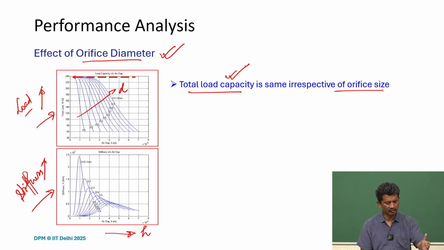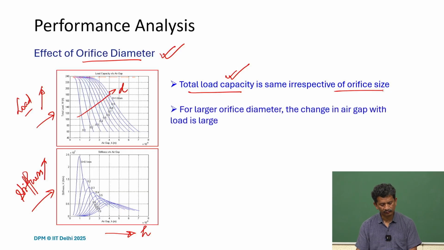That's why we see it all converging to the same point, and we can always check. If we consider a constant pressure equal to the supply pressure, distributed all along the surface, what would be the load capacity? From there also we can find it. So the total capacity doesn't change with the orifice size.